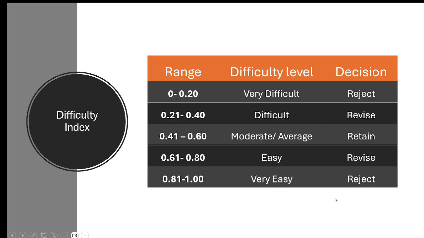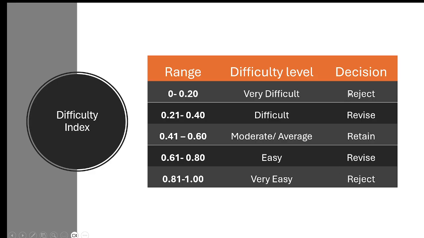In the last column you can find one more item, that is the decision. This part is considered by a researcher who has prepared the research paper, who has prepared the tool and wants to go for standardization of his tool.